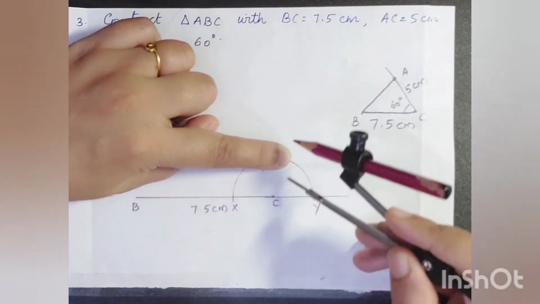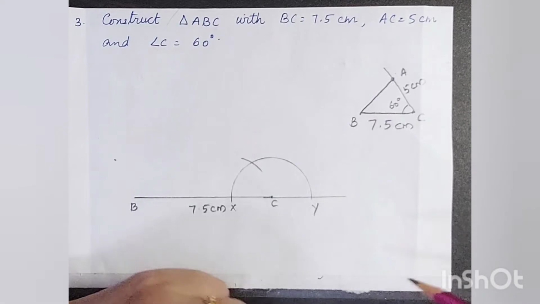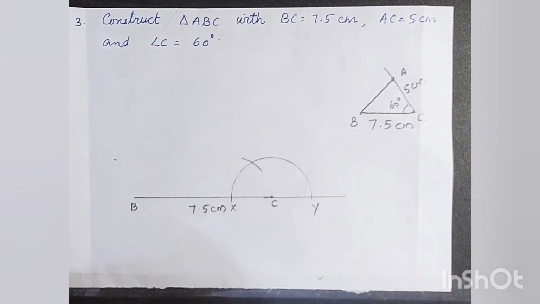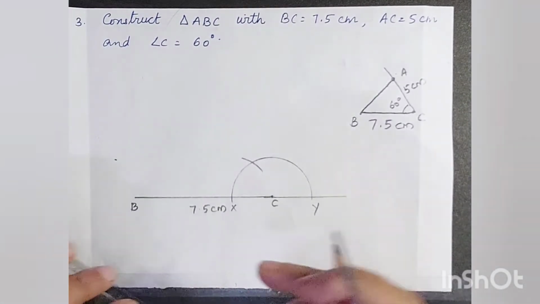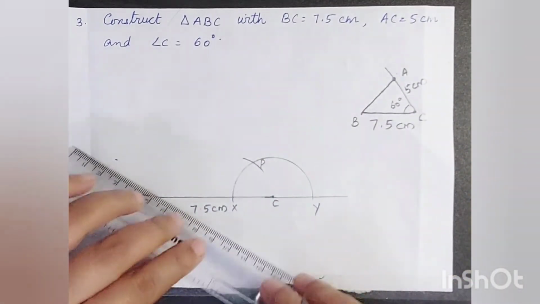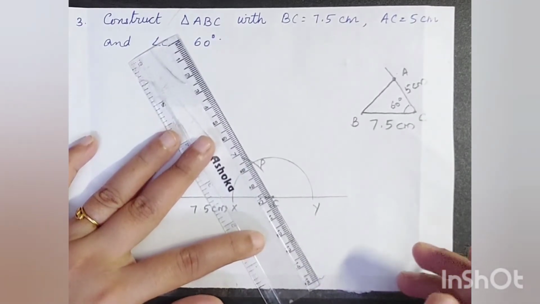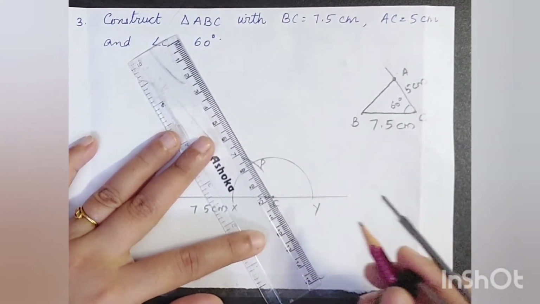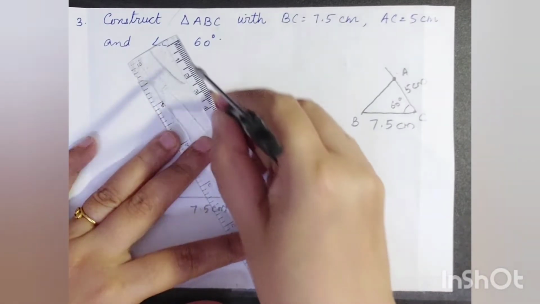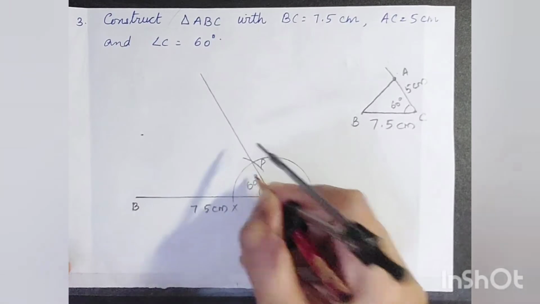If you join the C and the other point, that angle will be equal to 120 degrees. Okay, so now we want 60 degrees here. So let this be P. Now if we join this C and P, this angle C will be equal to 60 degrees. Okay. So this angle is equal to 60 degrees.